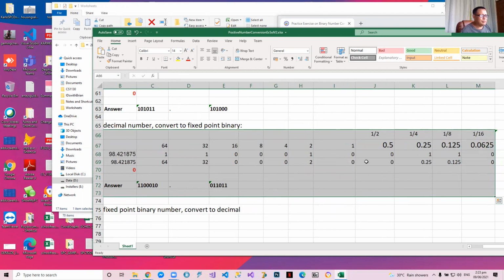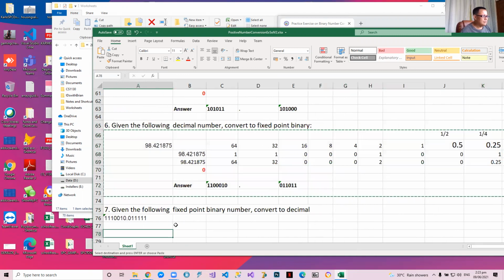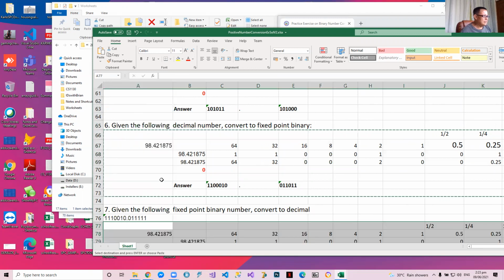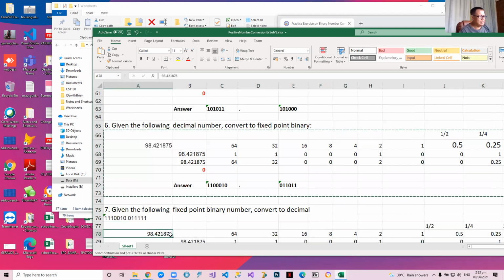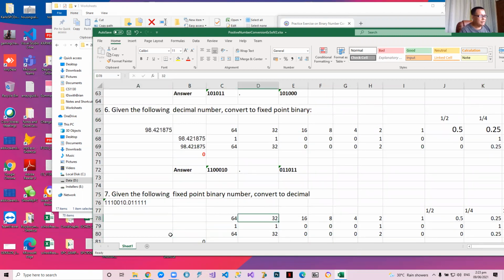If the binary places are not enough, how many binary places do we have? 6. So since we have 6, it's okay, no? 1, 2, 3, 4, 5, 6, 7. 1, 2, 3, 4, 5, 6.